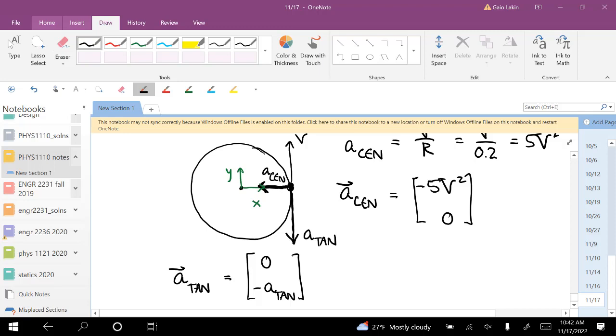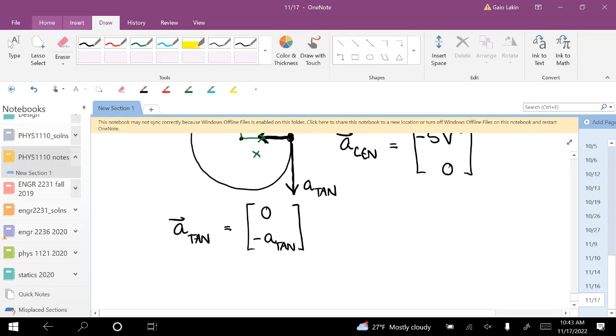I'm sorry if that's a little confusing. I'm using this a tangential to represent the vector, and then it's also just a variable that's in there. You could give those different names if you prefer. But what this says is if we know this variable a tangential, we can plug it in and it'll give us the tangential acceleration vector.